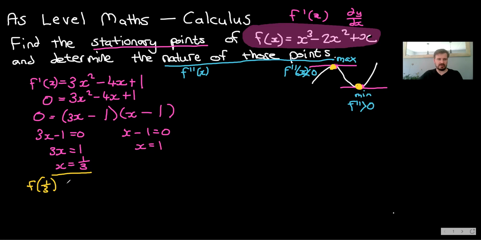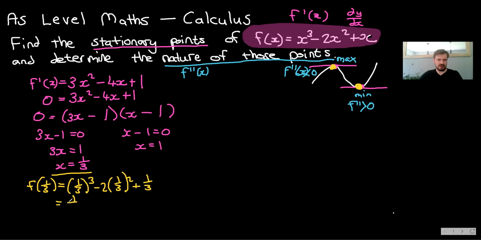Well, it could be the answer, but it shouldn't be. 3, a third square. I started to actually sub it and do what I said not to do. Okay, a third cubed minus 2, a third squared plus a third.